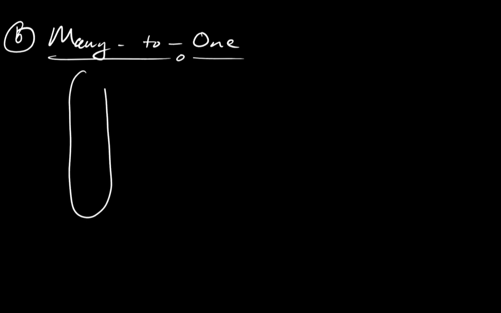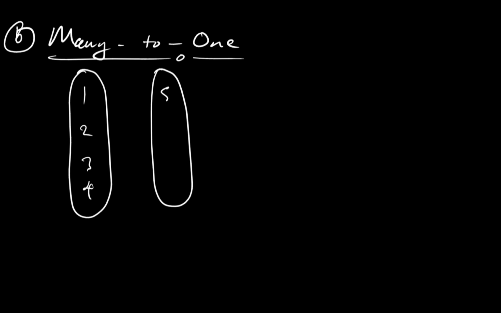All right. Now the next one that we have is called a many to one relation. Now in a many to one, as you can see, say you have 1, 2, 3, 4, 5, 6, 7, 8. So like you have many being mapped to one. Like that, many to one.